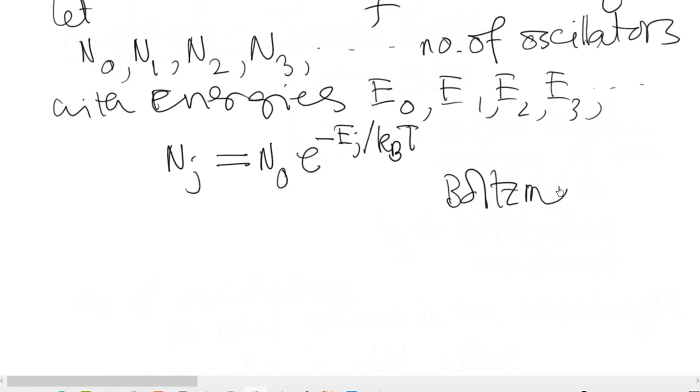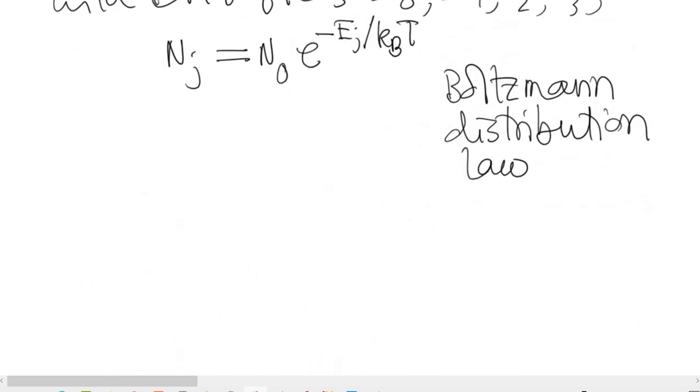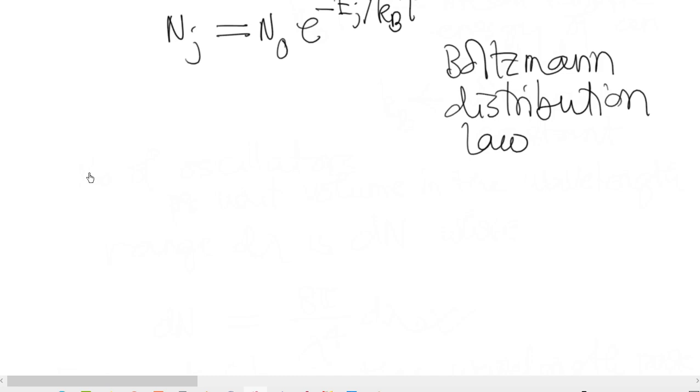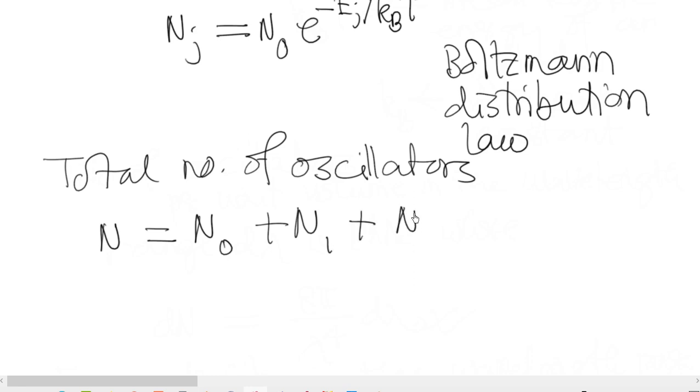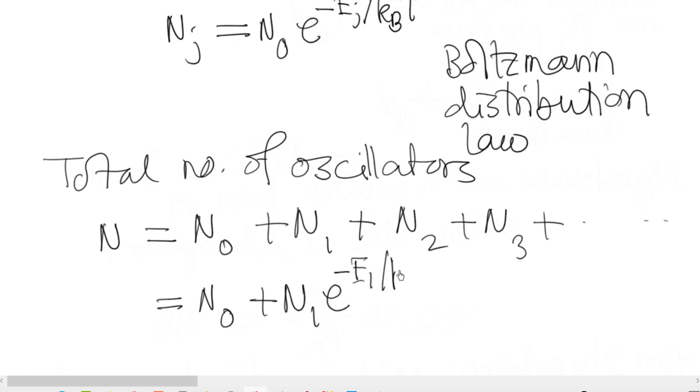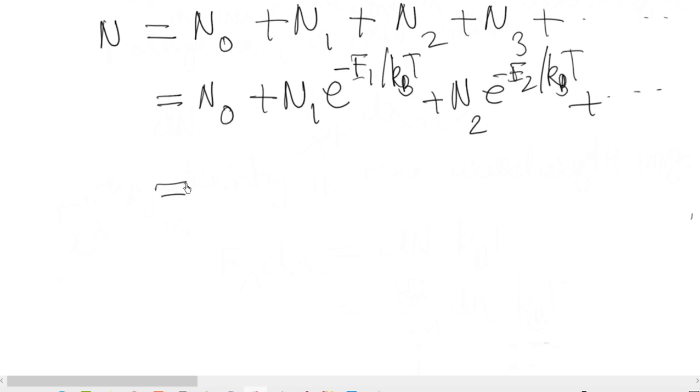Now we can write down the total number of oscillators. And this is N0. Sorry, this is N0.